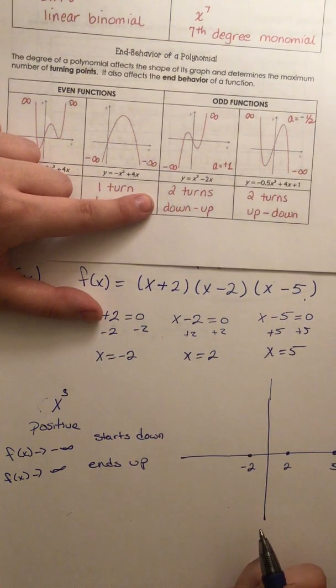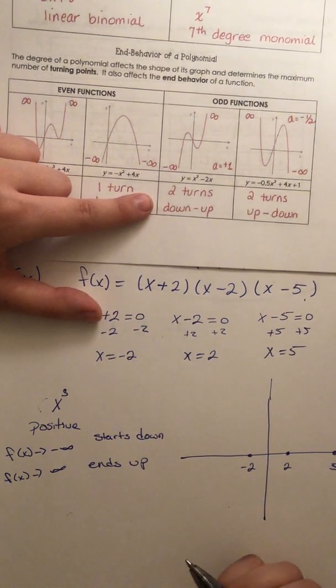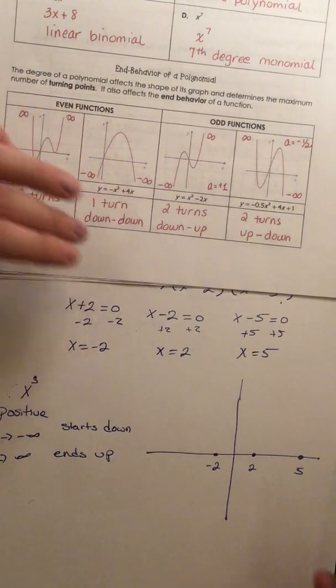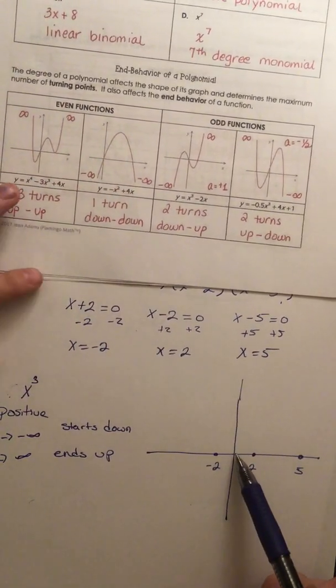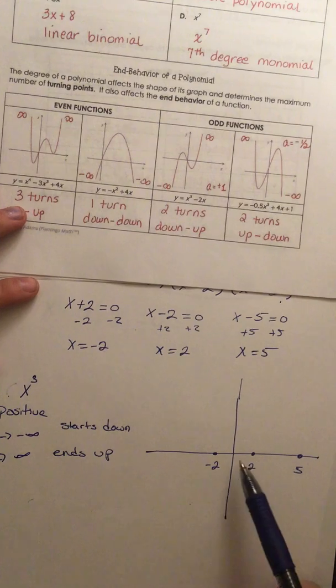Okay. So for a general graph, we could plug in and pick 2 points in between.